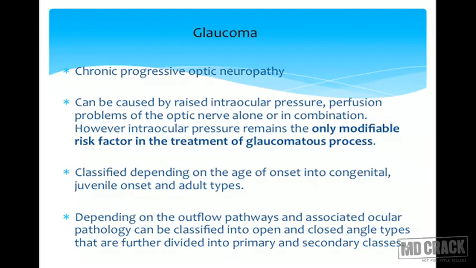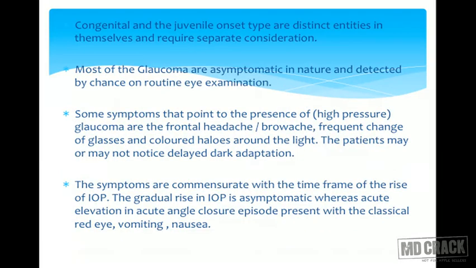Further, the open and the angle closure types can be divided into primary as well as secondary types. Congenital and juvenile types depend upon their age of onset, and they are distinct entities in themselves and require separate consideration.